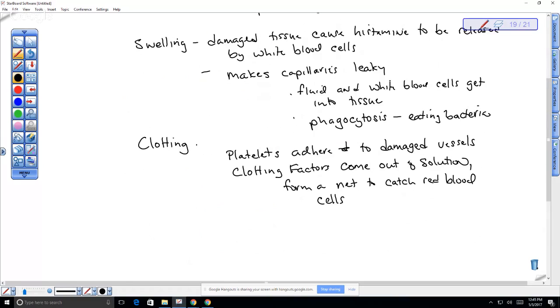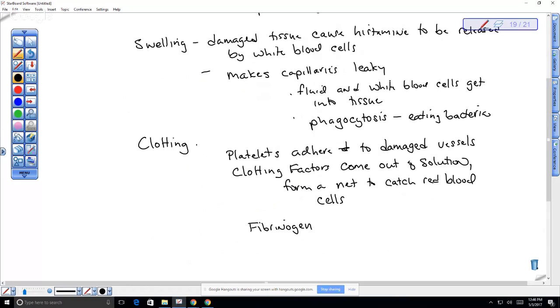Okay, so the clotting factor that's important is called fibrinogen. So this is a clotting factor that we have in our blood. This is a protein, and it is a soluble protein, so it is soluble in water. But there are other clotting factors, and clotting is a really weird thing in that it involves like 13 or more different factors and enzymes, and it's called a cascade.